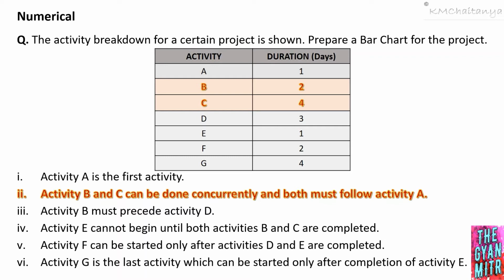That means activity B and activity C can be started at the same time, and both these activities must follow activity A. That means after completion of activity A, both the activity B and activity C can be started at the same time. Now let's see how can we draw these activity B and activity C.